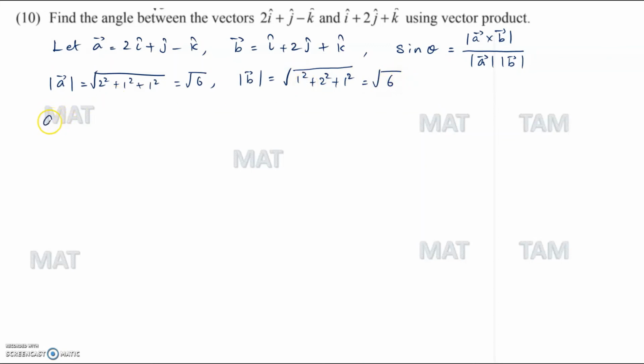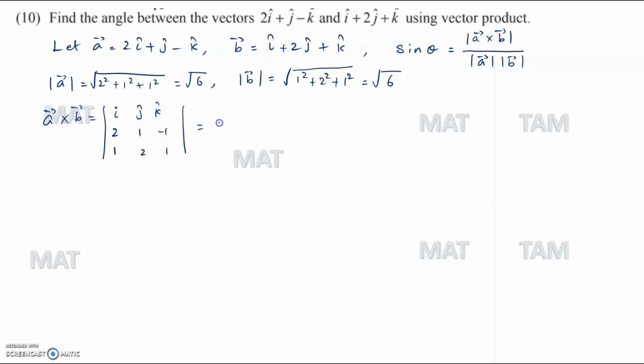Now let's find A cross product with B. That's equal to the determinant with i cap, j cap, k cap. The coefficients of i, j and k for vector A are 2, 1, minus 1, and for vector B they are 1, 2 and 1.